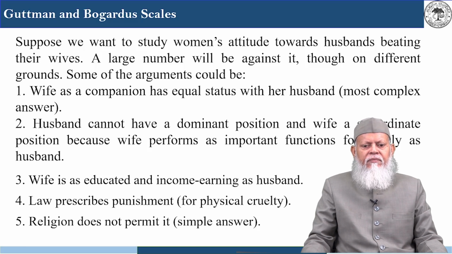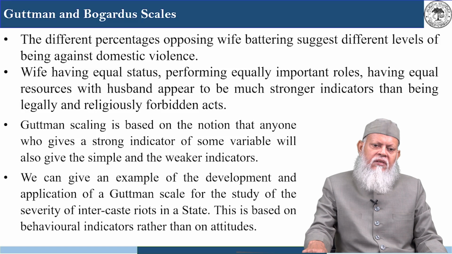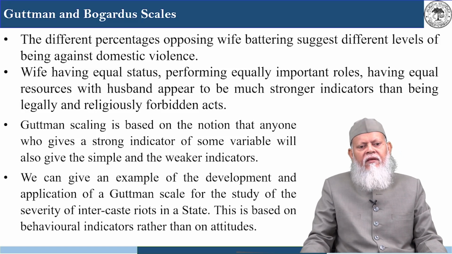So, the position of a respondent would be very clear from one question to which he or she responds. That is the beauty of this Guttman scale. The different percentages opposing wife battering suggest different levels of being against domestic violence.